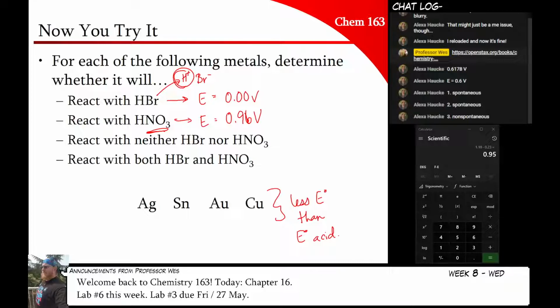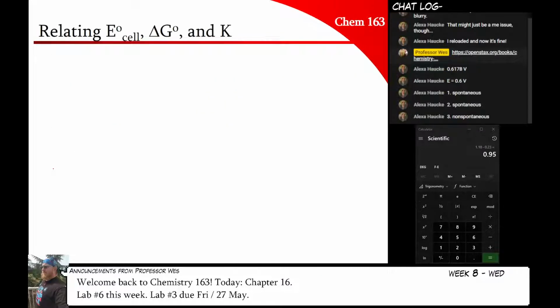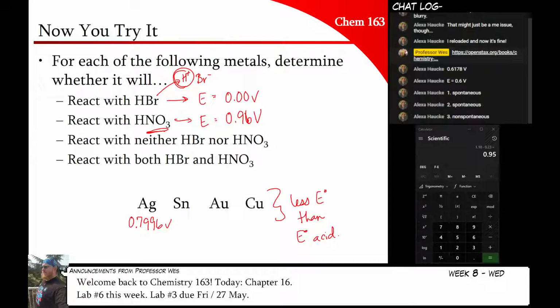So we need to figure out what the E's of each of these metals are. So I'm going to just write these down. Silver has a reduction potential of 0.7996. Tin, oops, sorry, hold on. Scrolling on the wrong screen here. Tin, Sn, where is it?